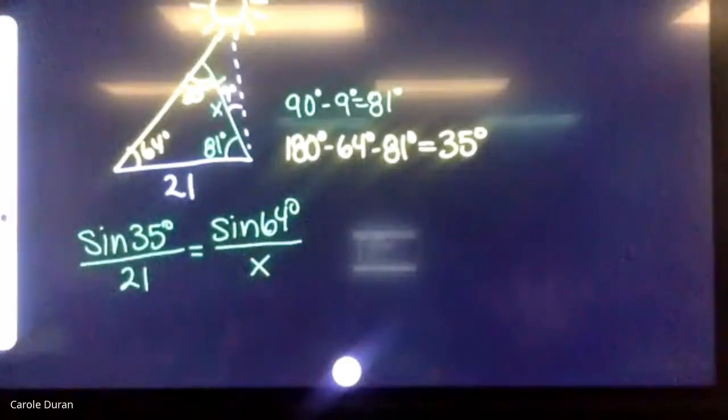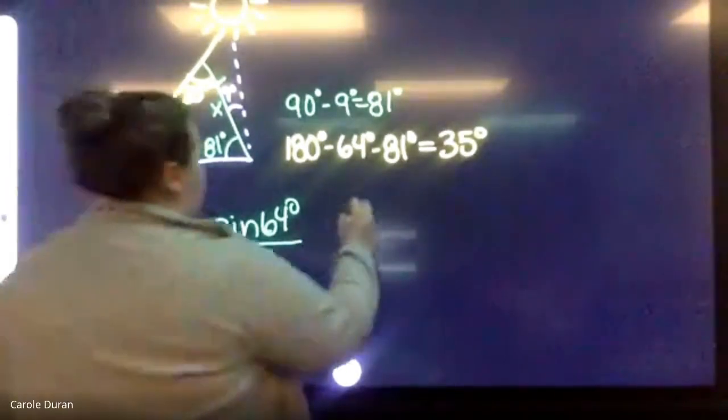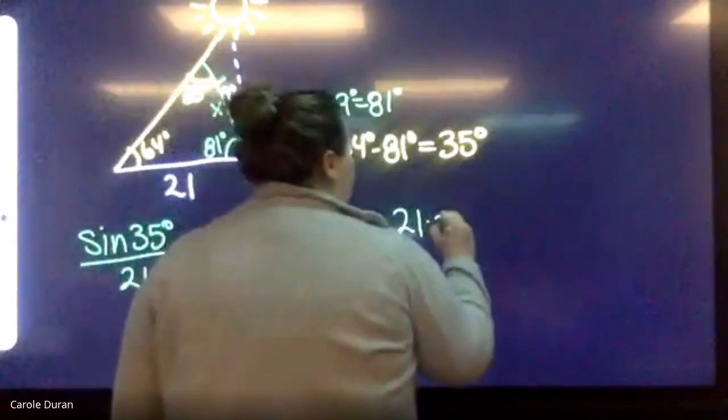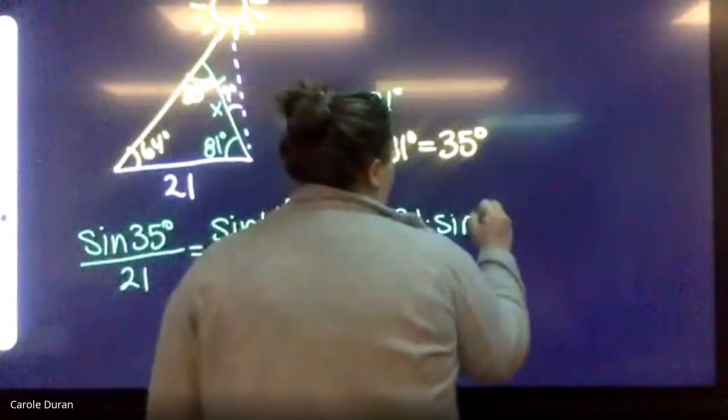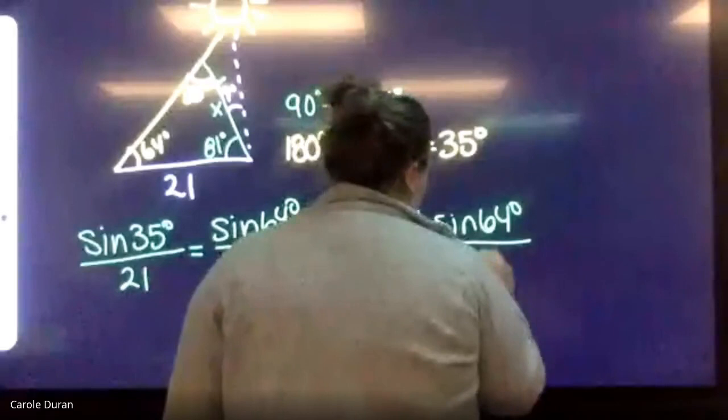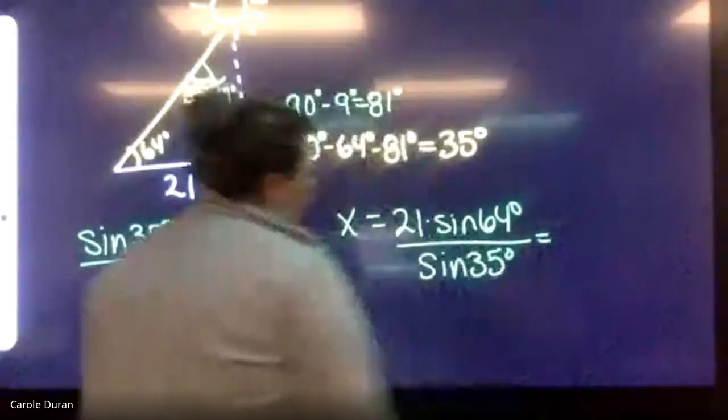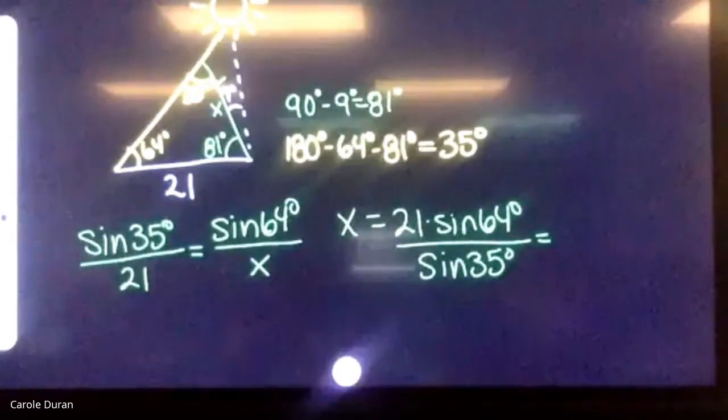And now I can just use algebraic manipulation to get x by itself, and I can plug it directly into the calculator. And we're going to go ahead and round to the nearest whole number.